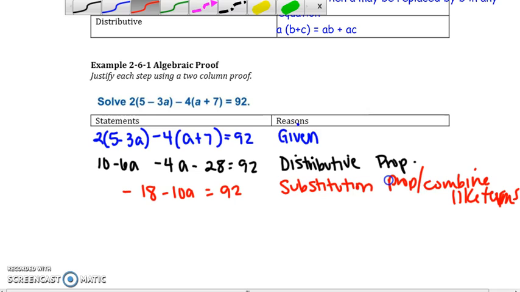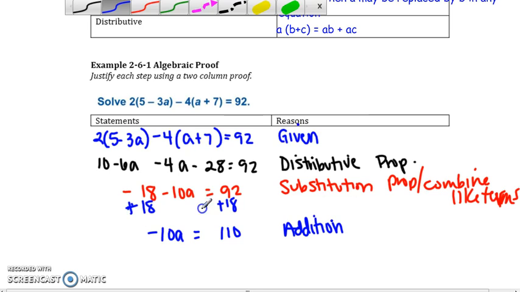All right, the next step is to solve for a. So we're going to add 18, and that's the addition property. You can put the plus 18, or put what the next level is, which is negative 10a is equal to 110, and then say addition property of equality.